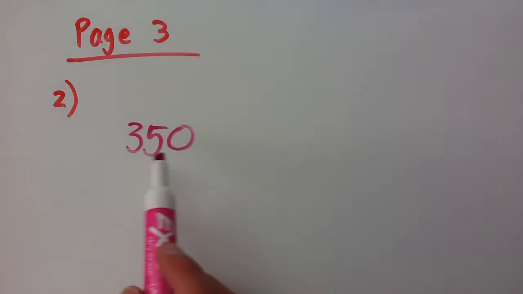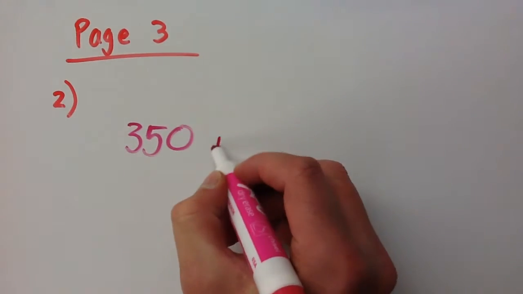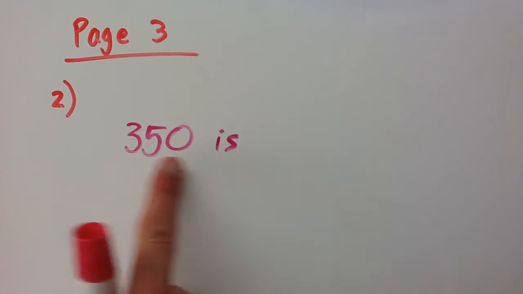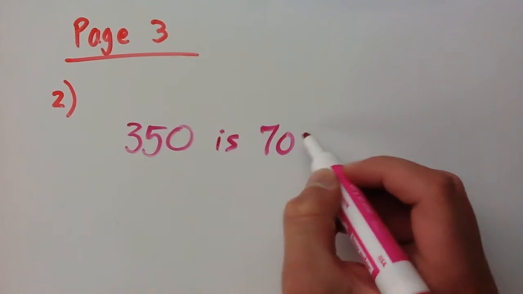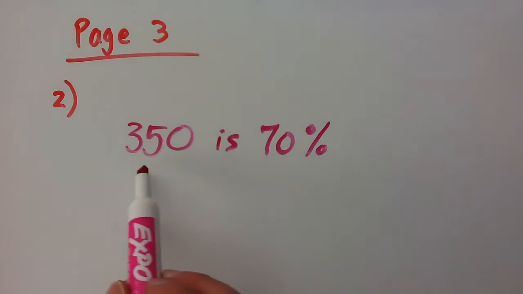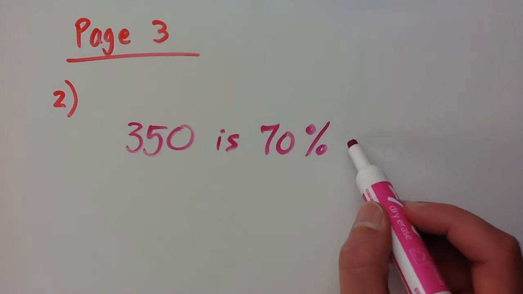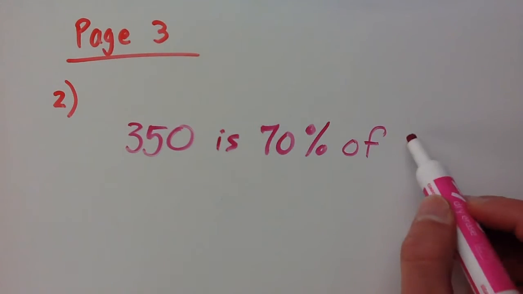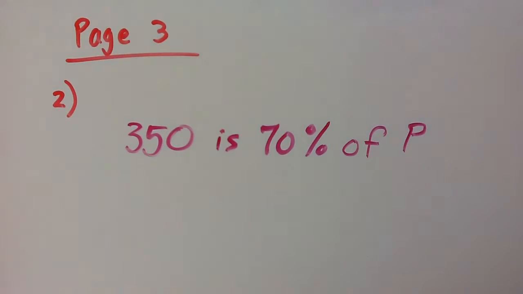So we're told that this 350 is 70% of the passes he's attempted. So 350 is 70% of, we'll put P, total passes.